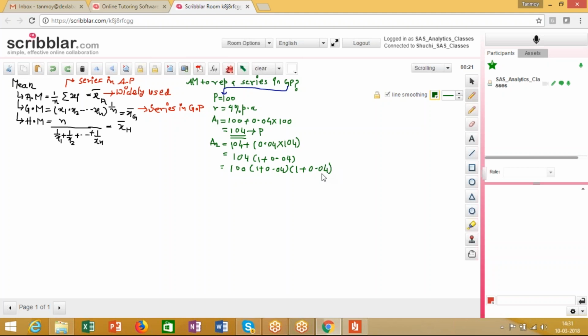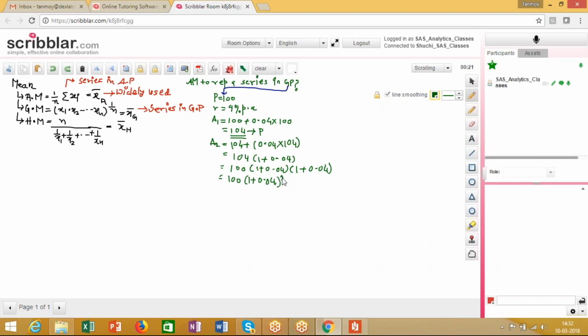If I write this statement, I can see that at the end of 2 years, the amount is nothing but the principal 100 into 1.04 square.